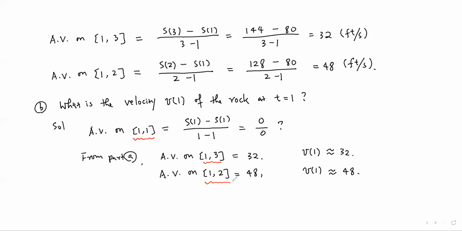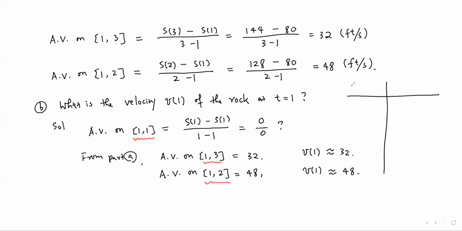But the interval 1 to 2 is still too large compared to the interval 1 to 1. Now, let me make a table. In the table, I decrease the length of the time interval.